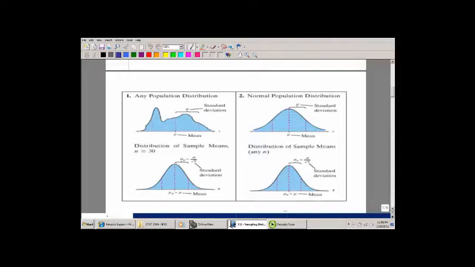So n doesn't have to be more than 30. It can be anything. And the graph is a little bit narrower because when you take your standard deviation and divide by the square root of n, it gets smaller. And as we learned earlier with the normal distribution, the smaller the standard deviation, the narrower the graph gets.